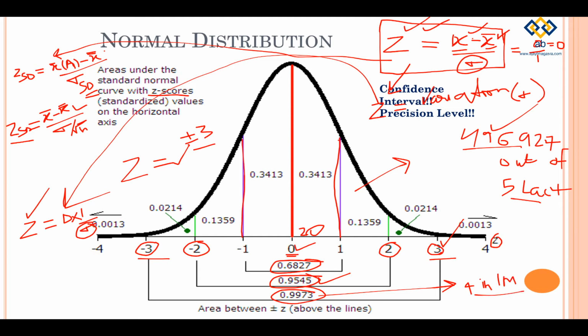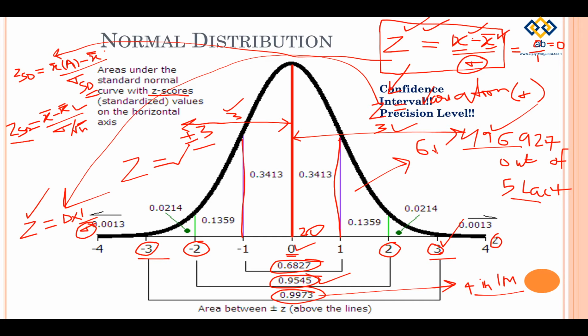Since Z is how many standard deviations away you are from the actual mean, when Z value is plus 3 or minus 3, this portion is the plus 3 portion, and this portion is the minus 3 portion. So here Z is 3, here Z is 3, so 3 plus 3 becomes 6. And as Z is how many standard deviations away you are from the mean, and standard deviation is sigma, we say 3 plus 3, and that is how it becomes 6 sigma.